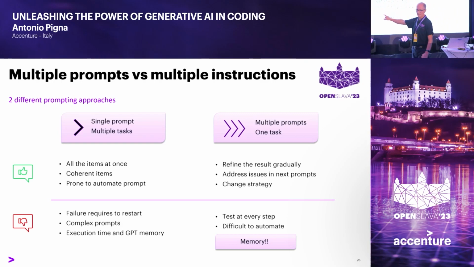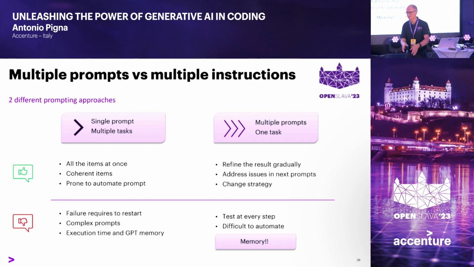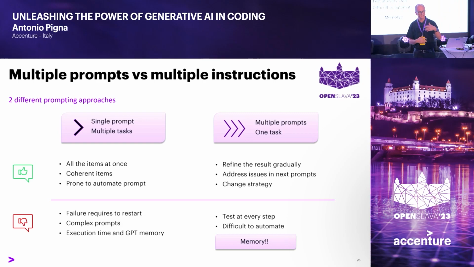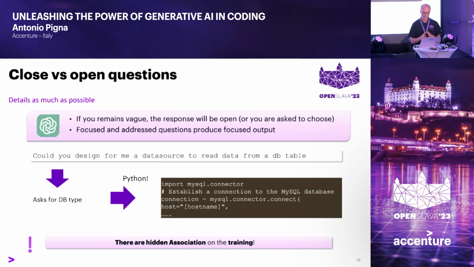Pay attention to the memory, because the memory of ChatGPT is not infinite, so you cannot pass an infinite number of tasks. In the opposite case, if you want to change strategy completely, as you put instructions into ChatGPT, it's better that you use one instruction at a time. Okay. Closed and open questions.